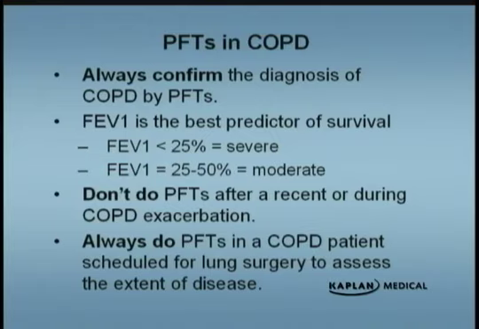You have to have an FEV1 or FVC above 50% of predicted to be able to do adequate surgery for lung cancer. So very important, a lot of the patients with lung cancer, unfortunately, even though they have presumably resectable lung cancer, you can't do surgery on them because they have extensive chronic obstructive lung disease.